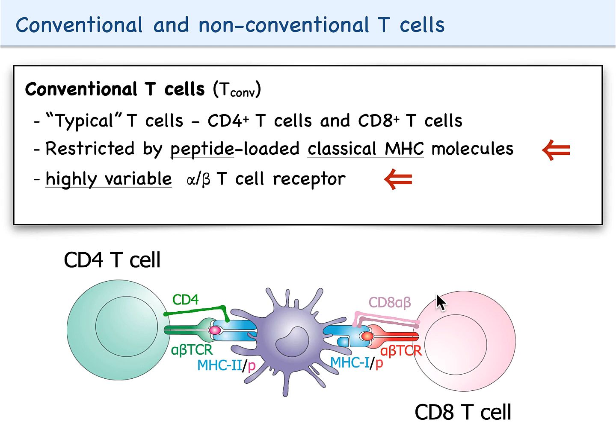On the other hand, CD8 alpha-beta T cells, or for short, simply CD8 T cells, carry a different T cell receptor, also alpha-beta, and this recognizes a complex between MHC class I molecules and a different peptide. In this case, it is the CD8 co-receptor, the molecule that binds to MHC class I.